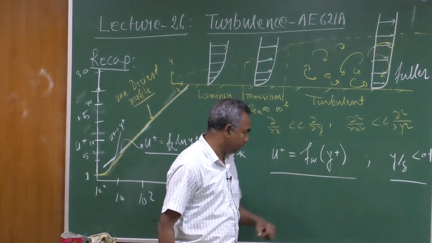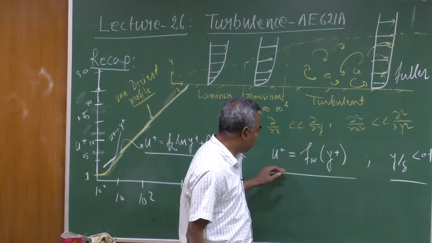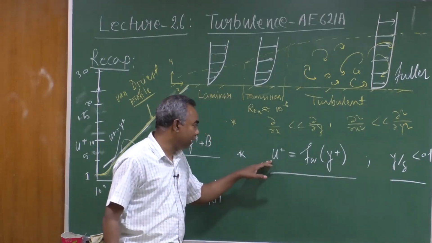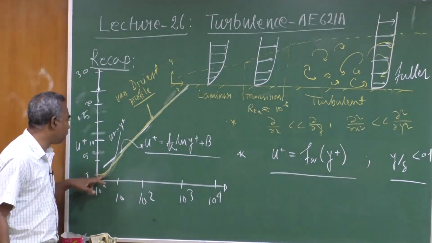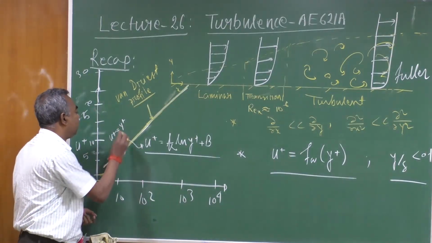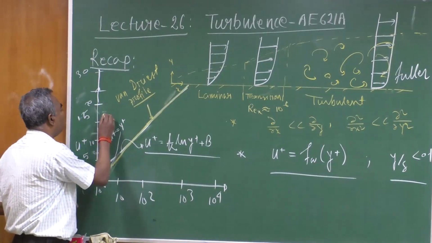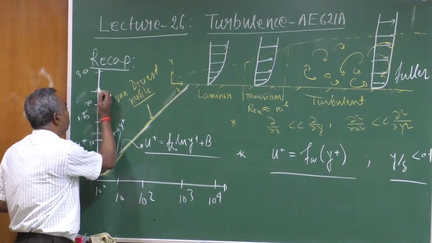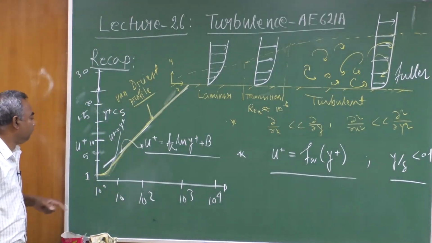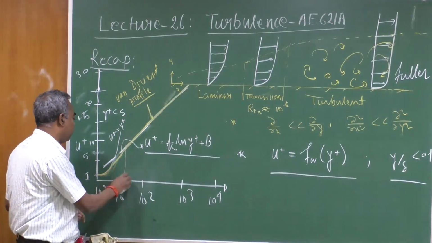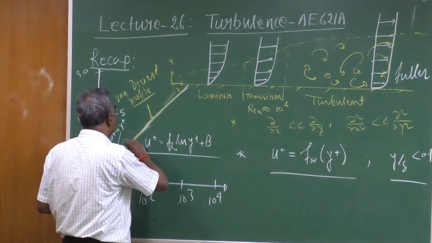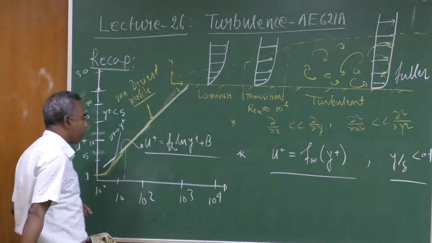So, that means this relation will give you u plus equal to y plus very close to the wall, just like channel flow. This holds good for y plus less than 5, and then from about y plus 30 to 50 onward, this log law holds good, okay.